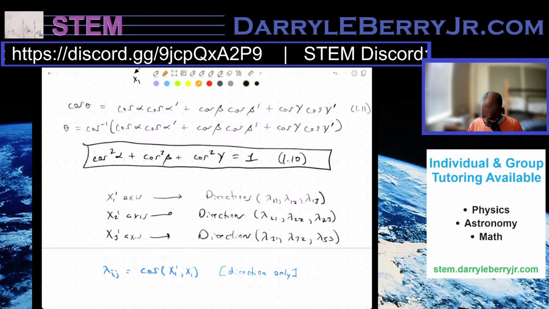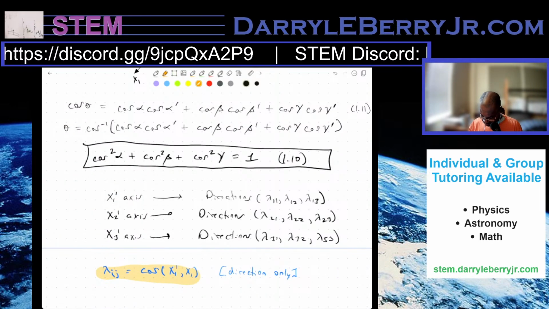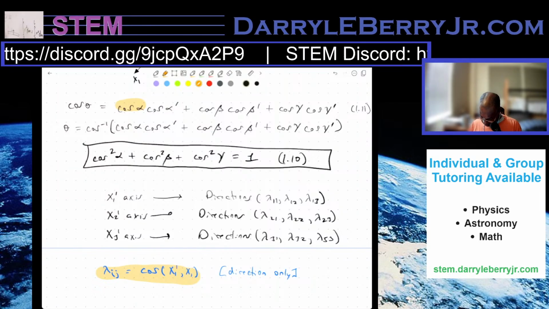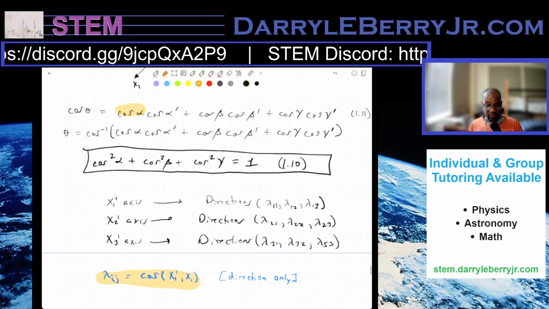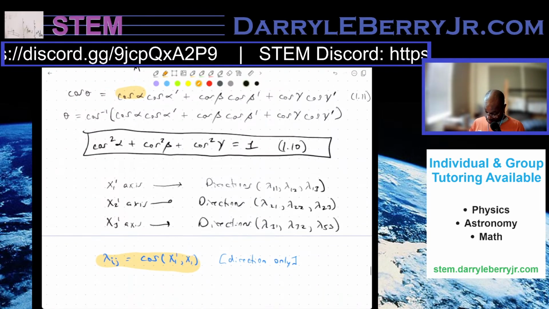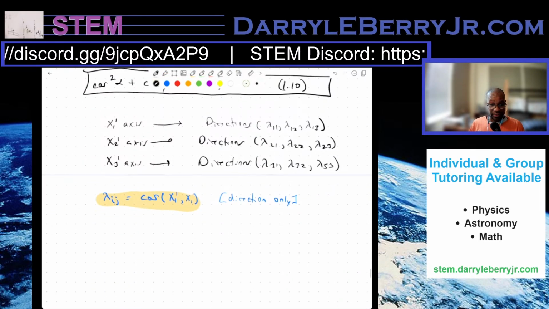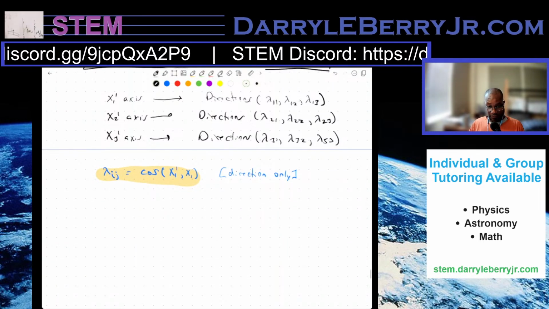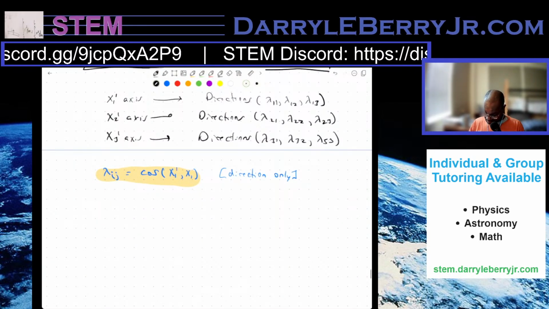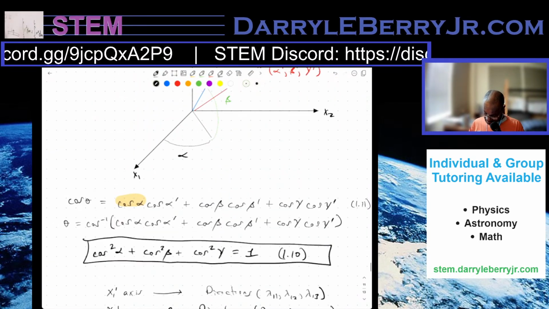So this entire direction thing here seems like it would be that. So that's why they just multiplied the directions for the angle between the axes.